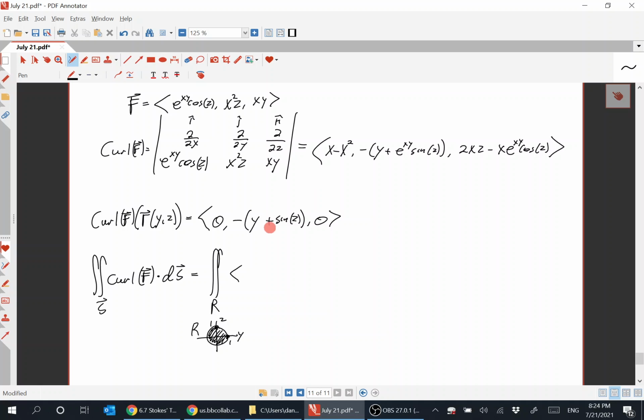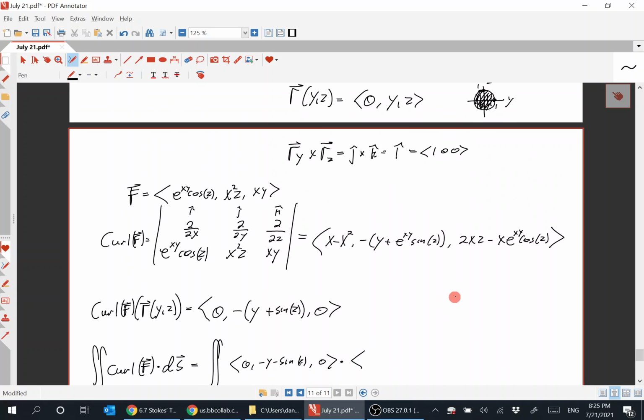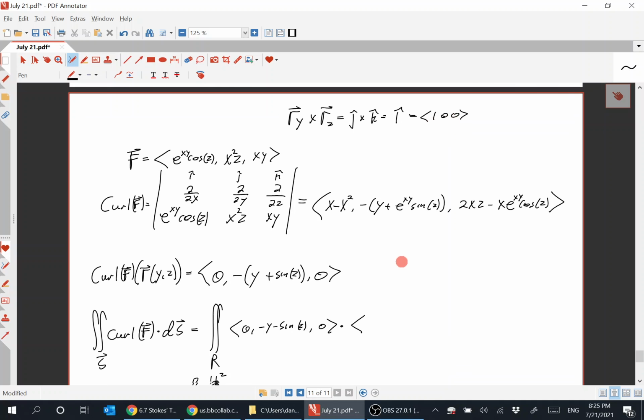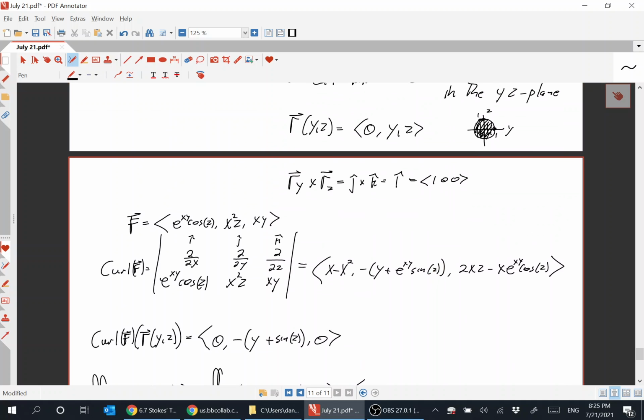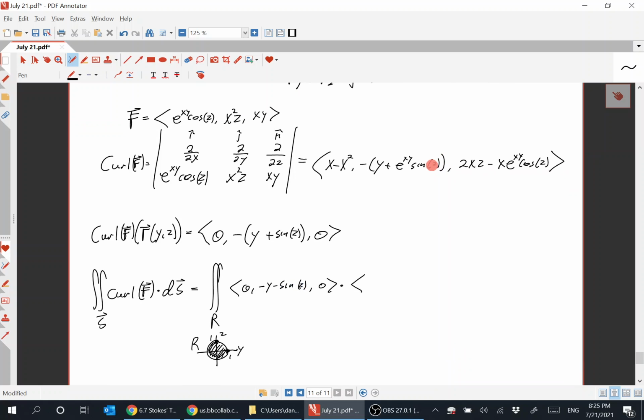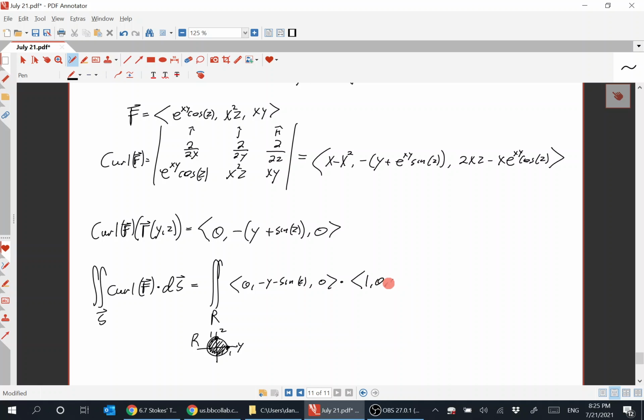Curl along here, so it's 0, minus y minus sine of z, 0 dot 1, 0, 0, r_y cross r_z, and it's just 1, 0, 0. So the whole thing is just 0. So this didn't matter. Let me just erase that.